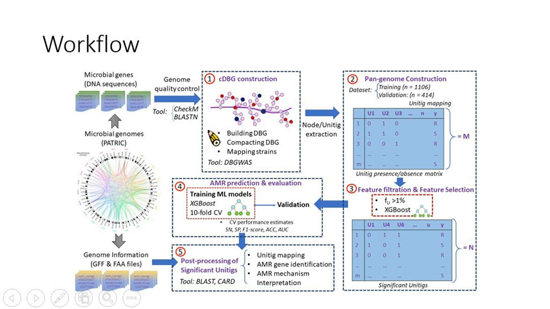After that, we built the presence and absence table of the Unitigs across the collected genomes or strains. Here you can see that these are the strains and these are the Unitigs, and each Unitig is marked as 1 or 0 in the presence and absence table.